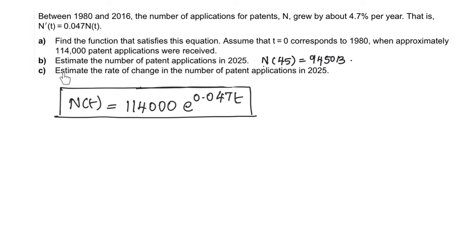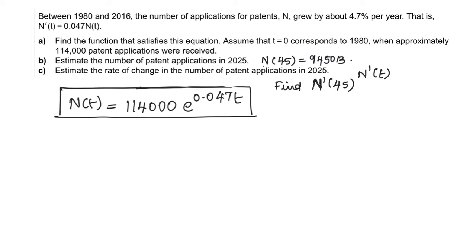In part C, we need to estimate the rate of change in the number of patent applications in 2025. So for the rate of change we need to take the derivative of this. Then 2025 corresponds to t = 45, right? Then find N'(45). First we would find the derivative, then find N'(45).